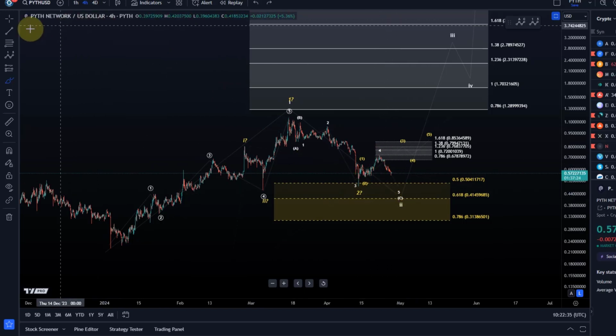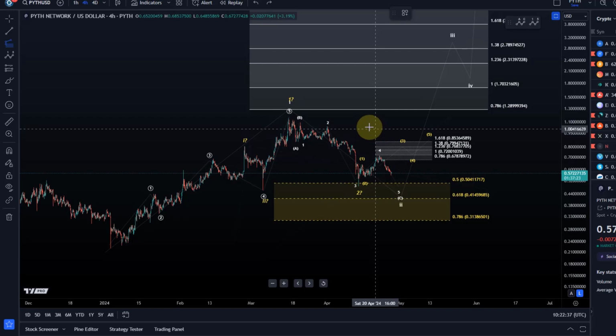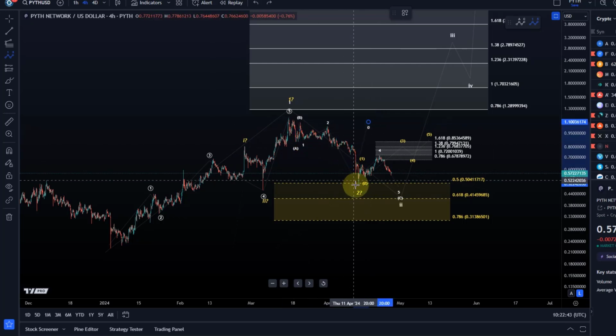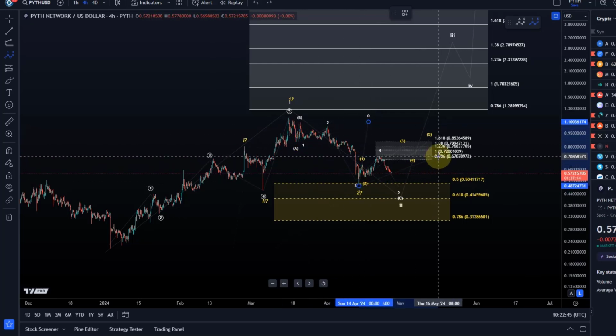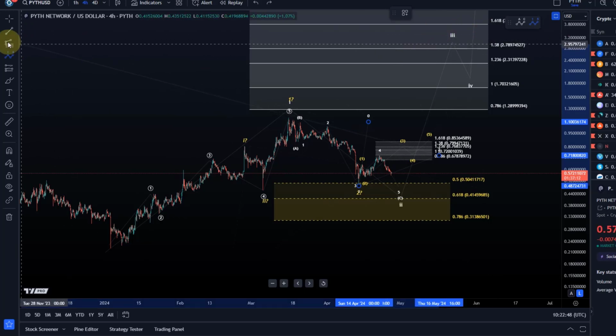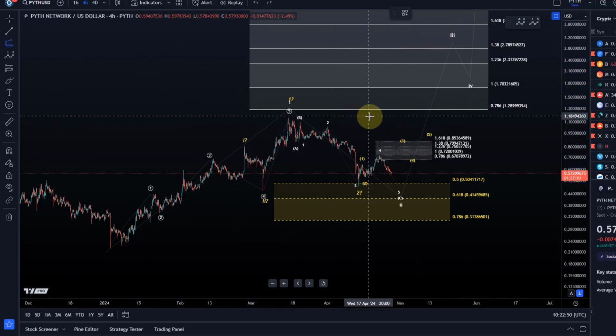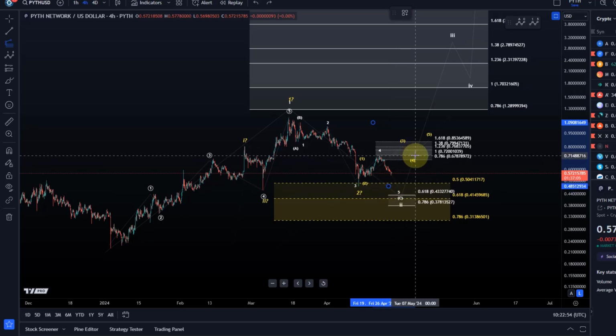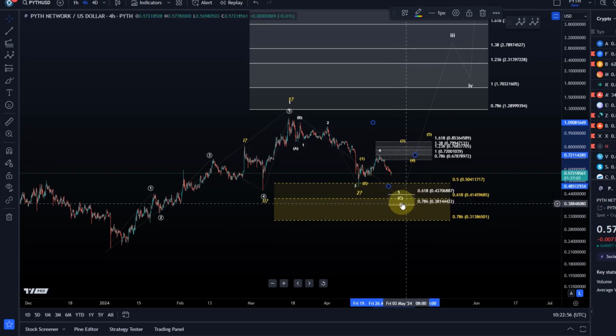So what is the 5th wave, let's say, target to the downside? Here we can calculate it based on the length of waves 1 and 3. When we go to the top of the wave 4, we're looking for the 61.8 extension, possibly the 78.6, but that would be quite extended, but we'll see. I mean, they are not super reliable, but they're the best we've got.